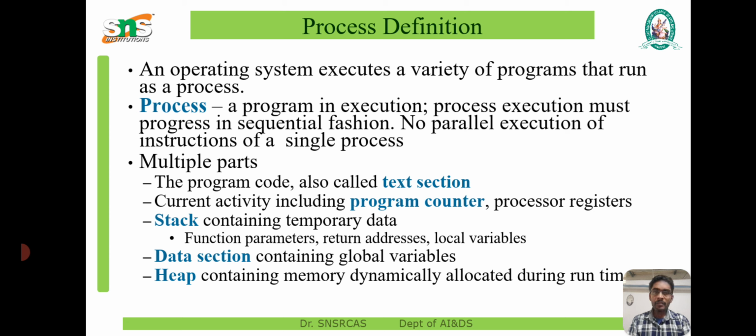There is a stack memory which contains temporary data like functions, function parameters or argument lists, address of the function or address of the variable which stores the data, and local variables. And there is a data section which contains the global variables, and there is a heap memory which contains the memory allocation section.